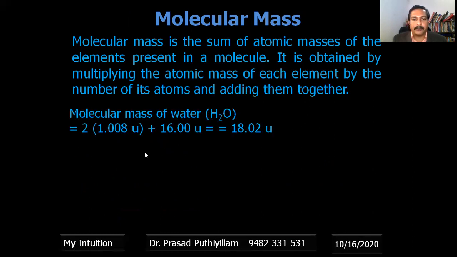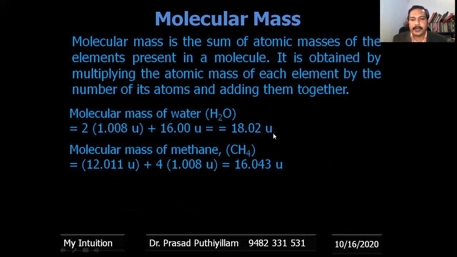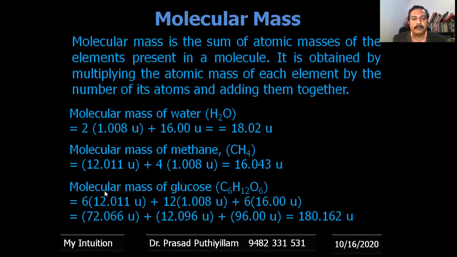For example, molecular mass of water, H2O, becomes 2 hydrogen, 2 into 1.008, plus 1 oxygen, 1 into 16, which is 18.02 u, the unified mass. Molecular mass of methane can be calculated as 16.043, from 1 carbon and 4 hydrogen. Molecular mass of glucose has 6 carbon, 12 hydrogen, 6 oxygen. If you multiply and add up, you'll get 180.162 u.